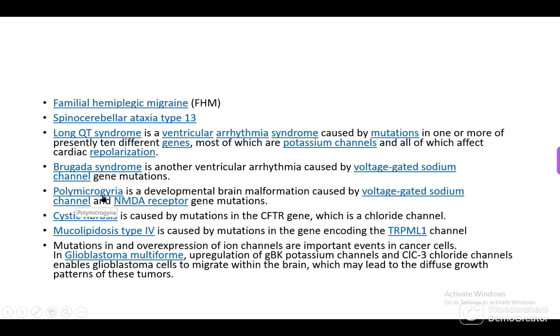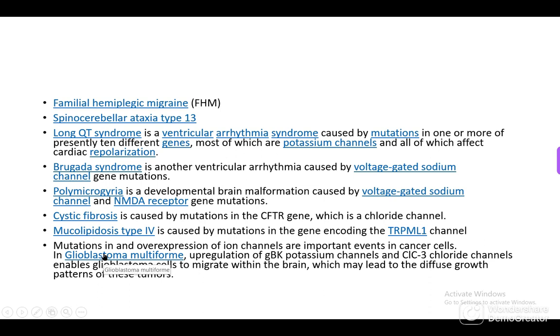Now, polymicrogyria, a developmental brain malformation seen just after birth, involves the voltage-gated sodium channels. Cystic fibrosis is very famous: it is the chloride channel that is affected. Mucolipidosis type 4 is a congenital disease.